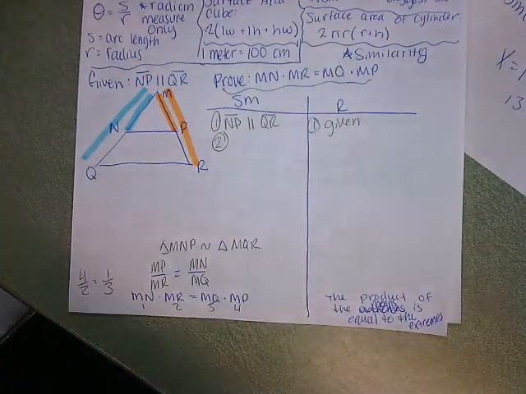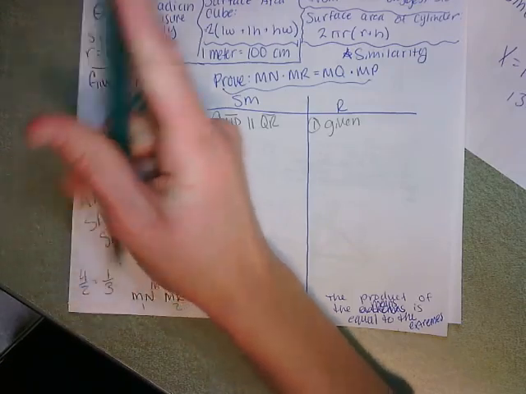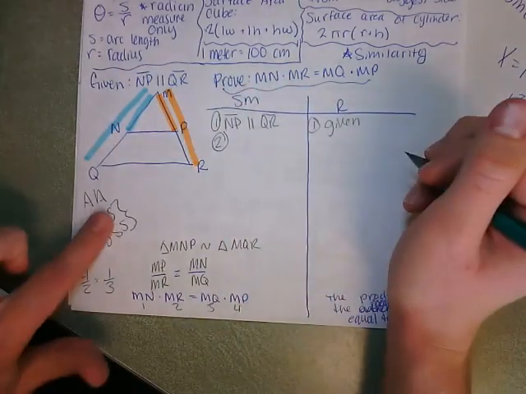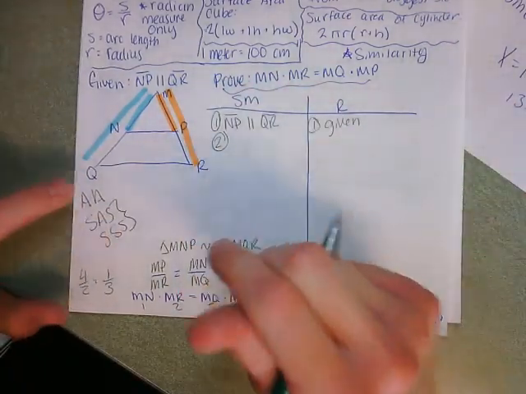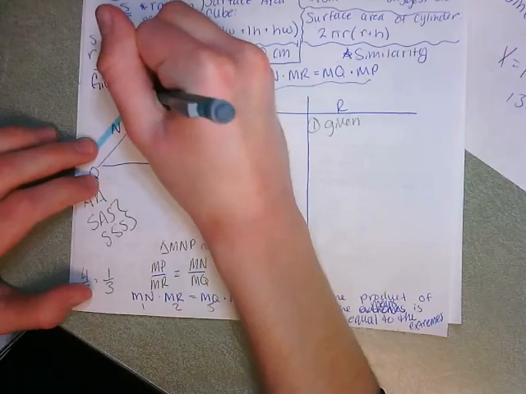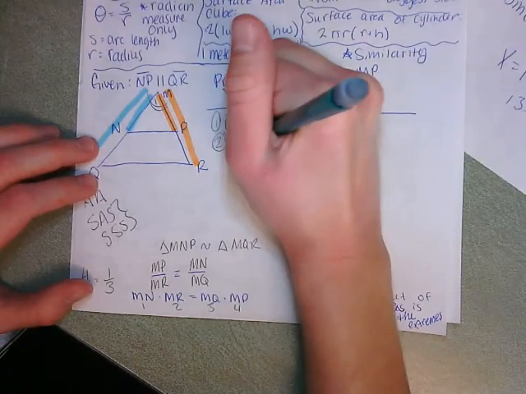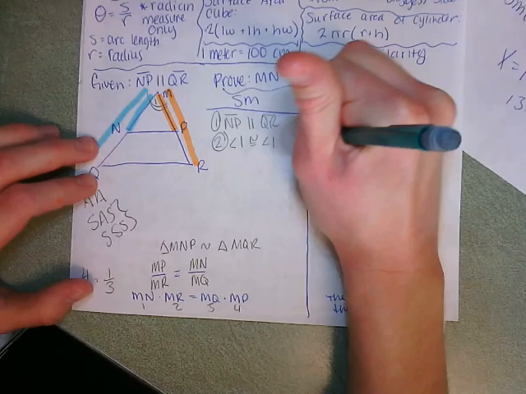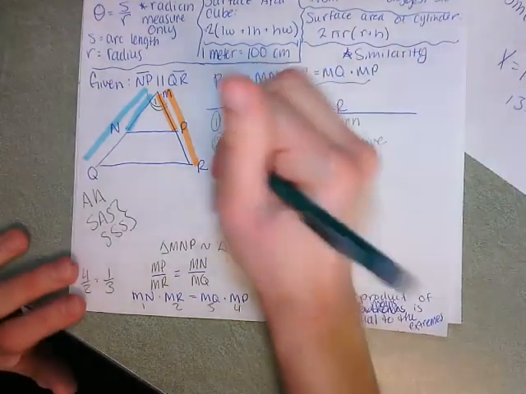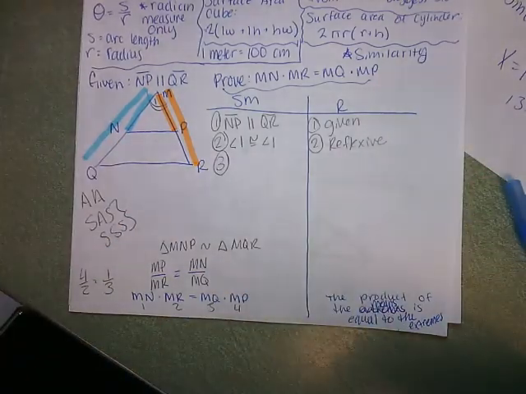Now, our three reasons for similarity are angle-angle, side-angle-side, and side-side-side. Now, these are rare and most of the time never used, so always try to go for the angle-angle. Angle M is congruent to angle M, so I'm going to call this angle 1, because of reflexive. Now, since these two lines are parallel, we have corresponding angles.